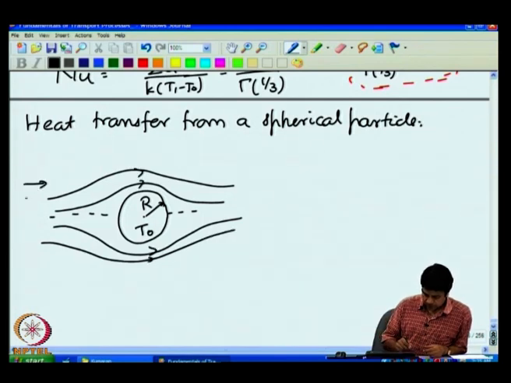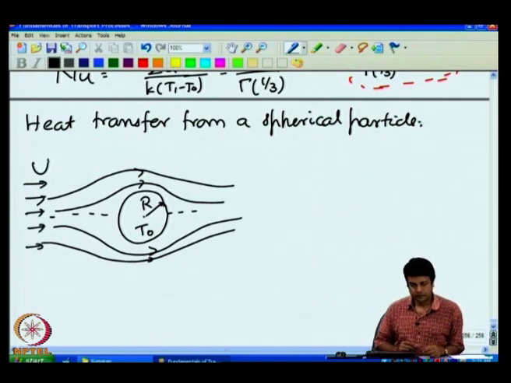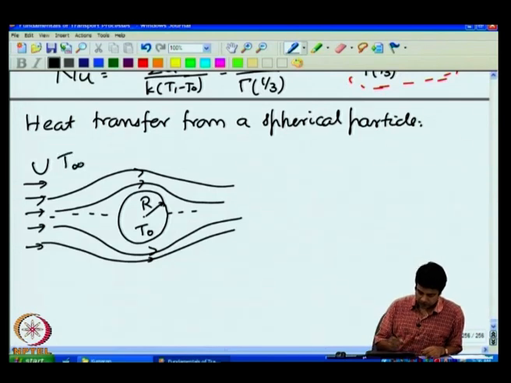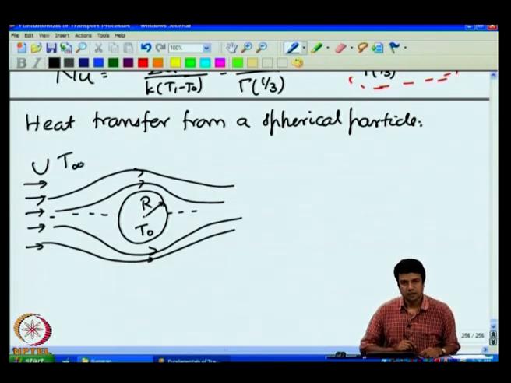Far upstream the fluid has some velocity U. The fluid velocity is U far upstream of the particle. The temperature far away from the particle is T infinity, and one would like to know what is the heat flux due to the flow as well as thermal diffusion from the particle.